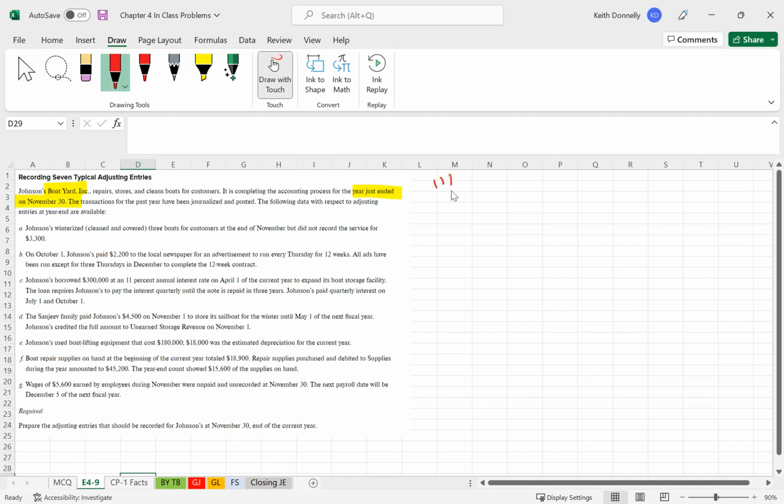So 11/30 is going to be the fiscal year end. In other words, that's when we stop the books and records for accounting. That's the end of the year. That's different from something called a calendar year end. A calendar year end is December 31st.